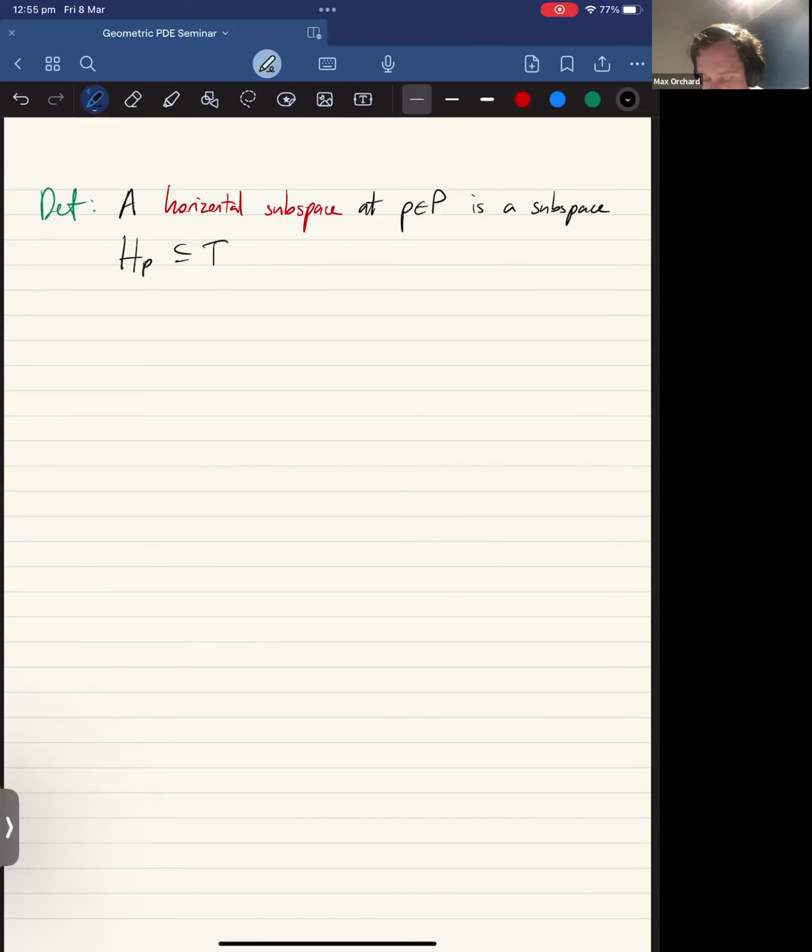So definition, a horizontal subspace at the point P is a subspace, which we will denote H sub P, of the tangent space at P, such that the tangent space splits into the vertical component and the horizontal component like this.